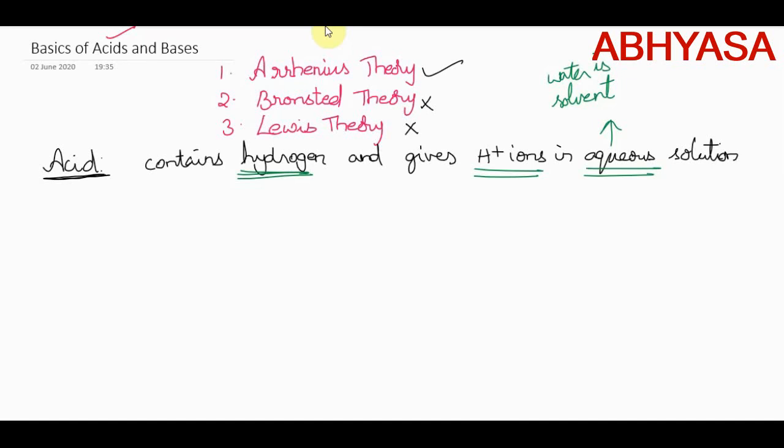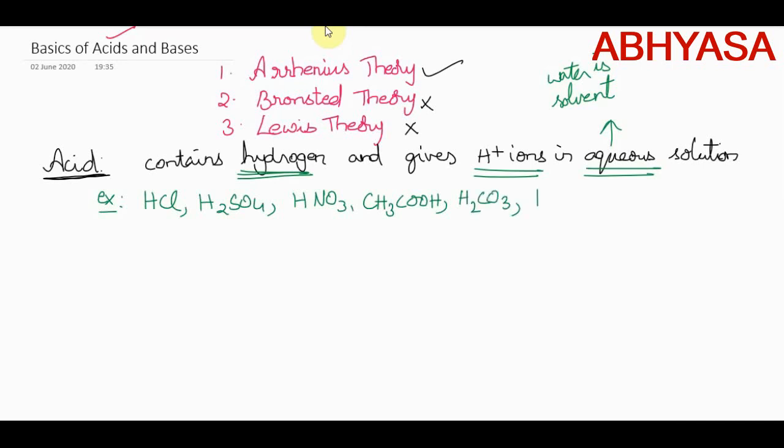Can you recollect some examples? Yes, one of the examples is hydrochloric acid. Most of you know these examples. Then sulfuric acid, nitric acid. What is this one? CH3COOH. This is nothing but acetic acid. Then what is the formula of carbonic acid? It is H2CO3.